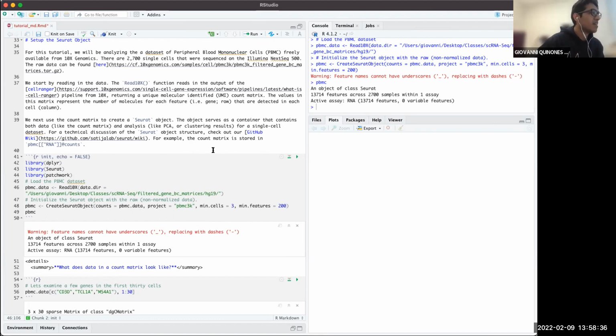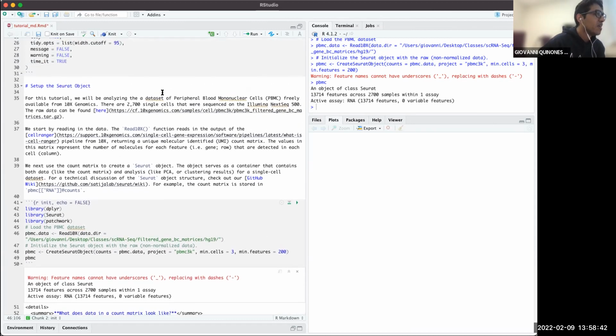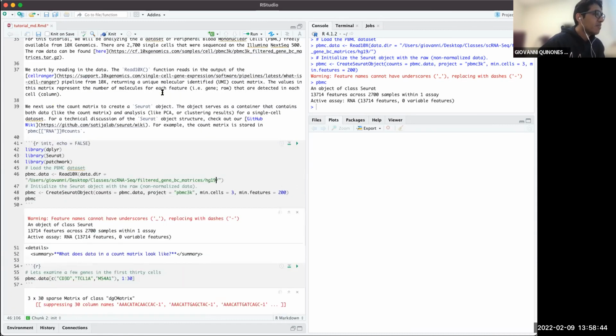In the meantime, for those of you that are using RStudio for the first time, some of the main features you'll need to be aware of for this workshop: the layout in your software may be different from mine. In my RStudio, I have the script panel, where the code is written, here on the left.